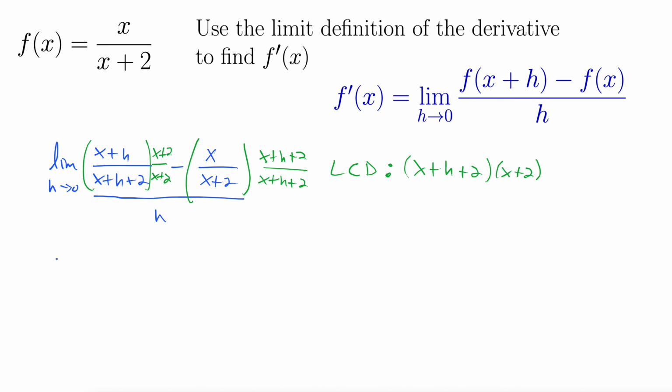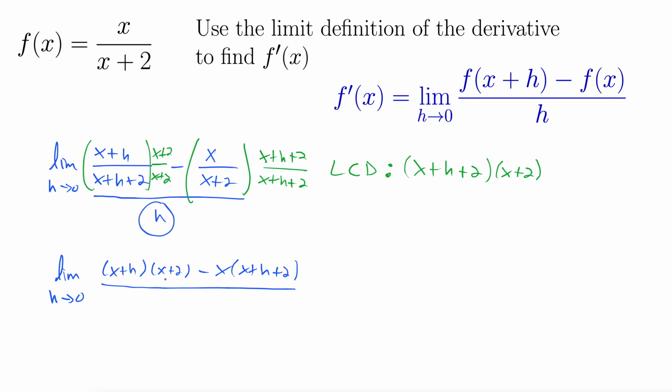This gives us then the limit as h goes to 0 of x plus h times x plus 2 minus x times x plus h plus 2 all over, and I'm just going to combine the denominators with this h right here, so we have h times x plus 2 times x plus h plus 2.